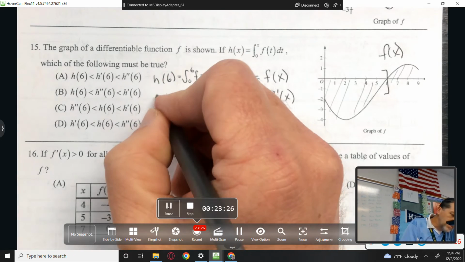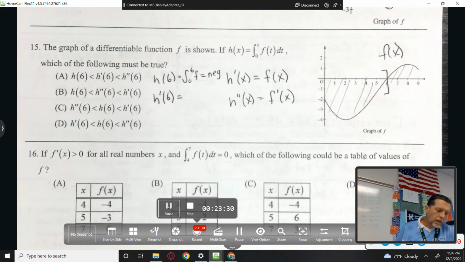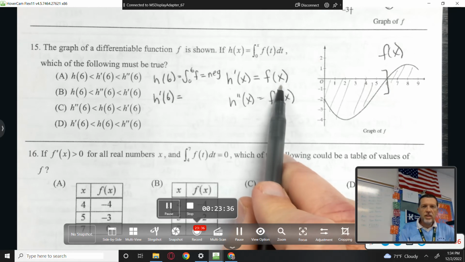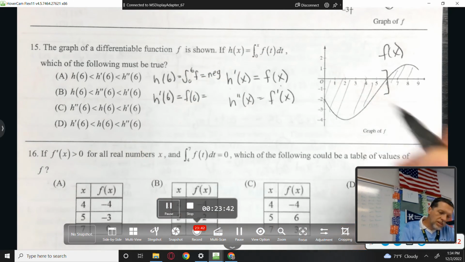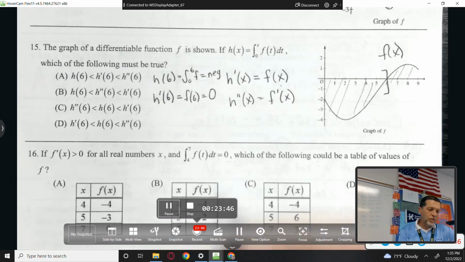Makes me nervous. We'll see what else we can learn here. H prime of 6 is, that's f of t, isn't it? It's the same thing as f of 6, which is 0. Okay, that's good news, because now I can definitely tell those apart.